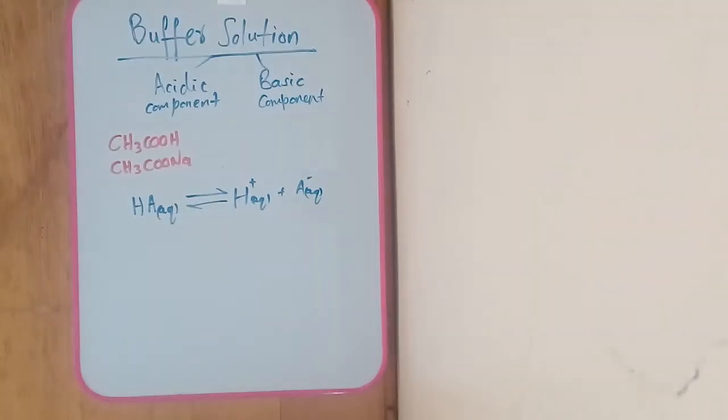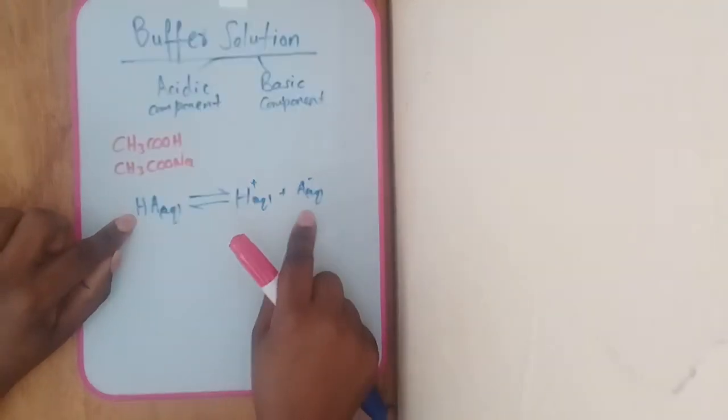So guys, I hope you understand the principle behind the weak acid base conjugate pairs. Okay, so we have our weak acid here with its conjugate base here.